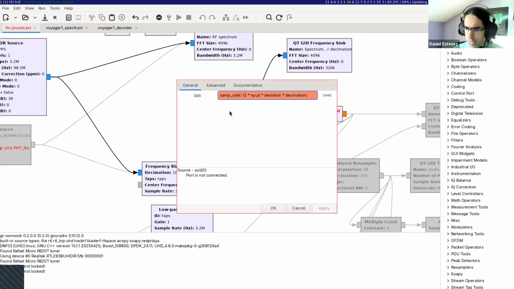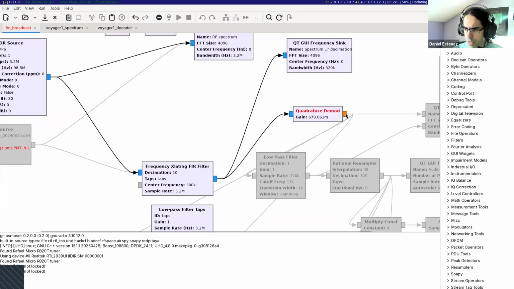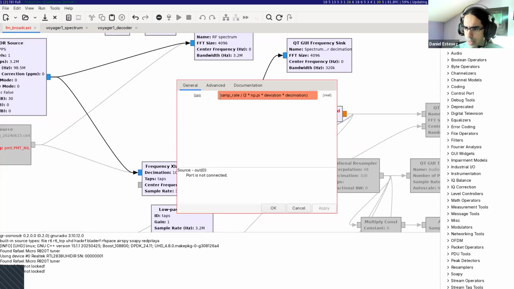The units of the output are radians per sample. There is a gain which gets multiplied by these radians per sample. You could set the gain to 1 if you wanted, but I'm setting it to a nicer value.